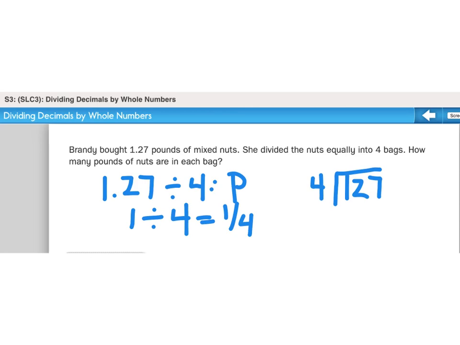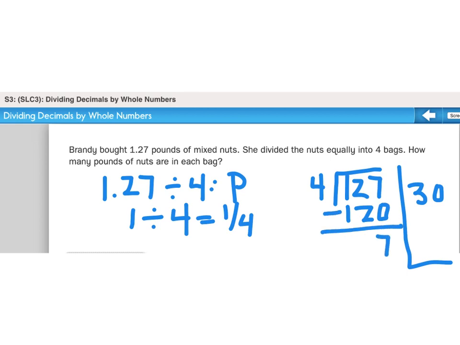This time let's do partial quotients and see what we get. When we do partial quotients, we could say, let's do 30 out here, because we know 30 times 4 is 120. Subtract that, that gives us 7 left. We know that 4 will go in there one time.